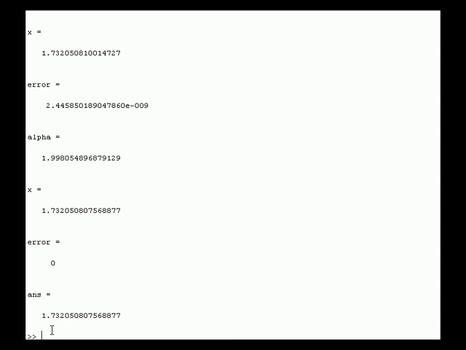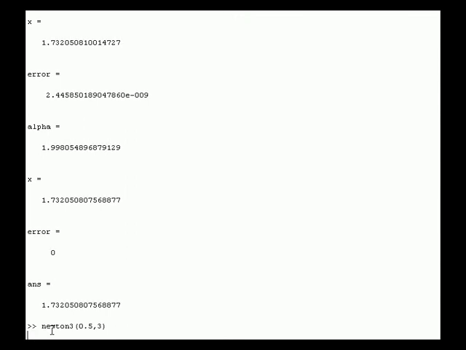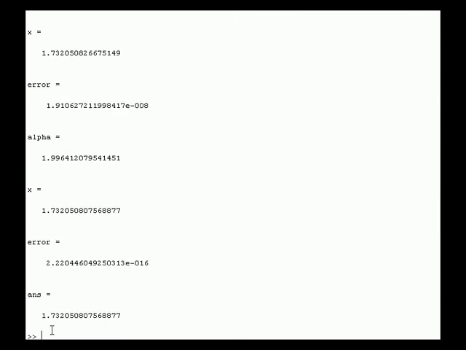Well, let's try a little experiment here. Let's try 0.5 to find the square root of 3, and it still converges fast. Let's try 5. Remember, the true root is 1.732, and it still converges.